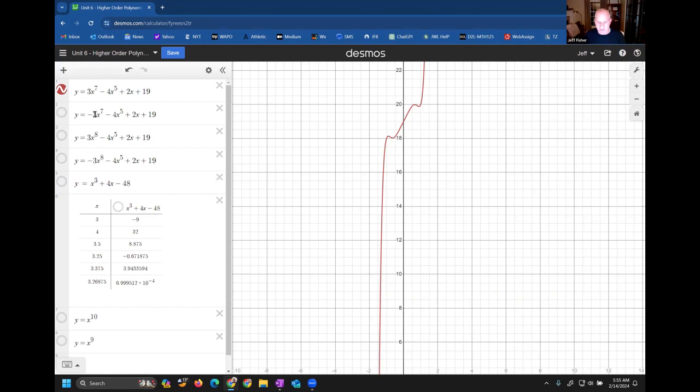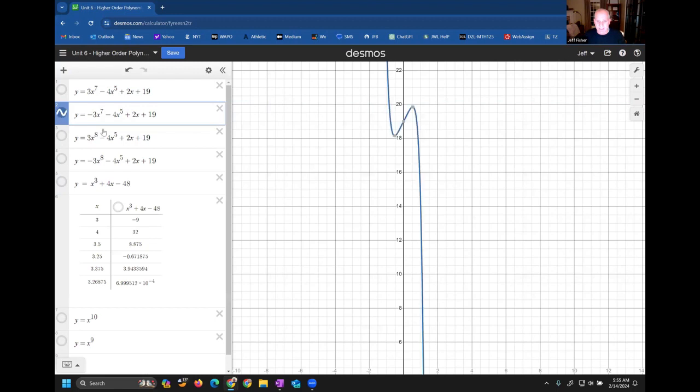Notice that if we have this term that has the x to the 7th, that has the largest exponent, if the number in front of it, the coefficient of that term, is negative, you may remember from what we've studied in the past, putting a negative term in front of it usually just flips it. It creates a mirror image. So let's see what that does.